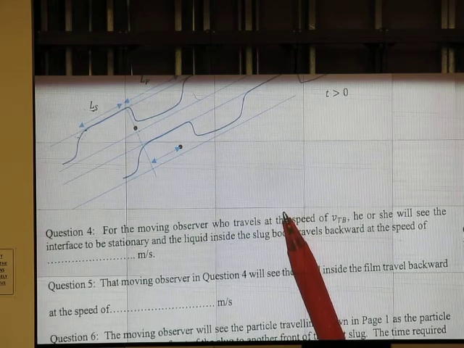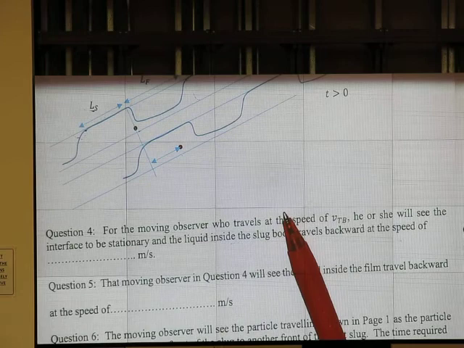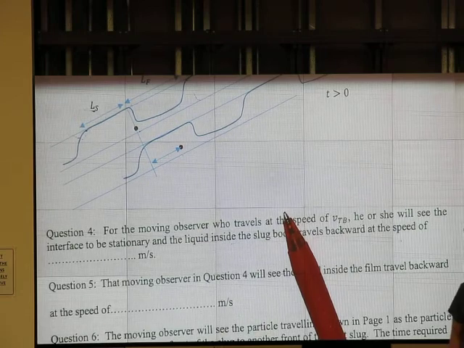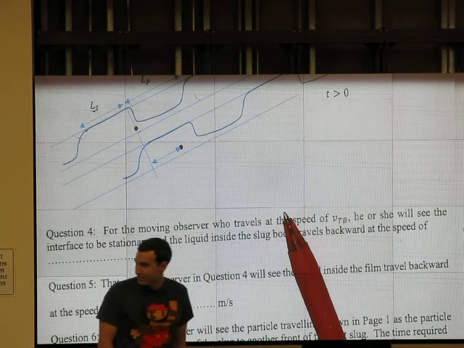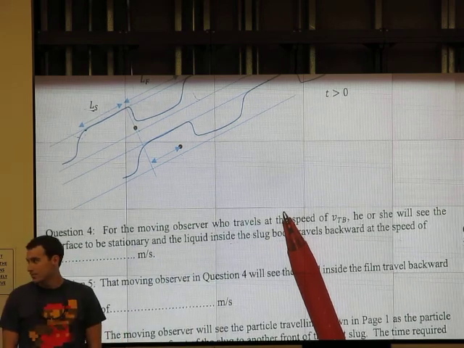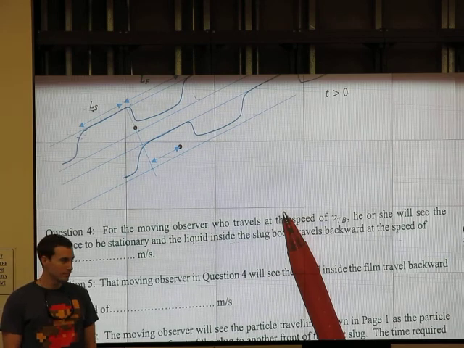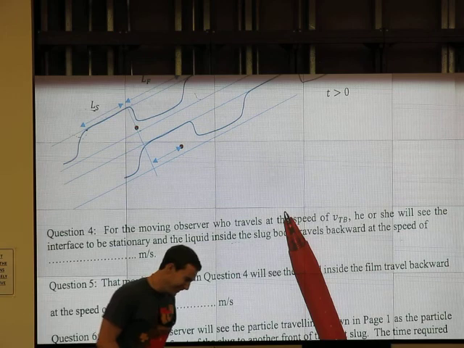The particle inside will move forward at the lower speed, and the front moves forward at a faster speed. Rico, you move a little bit slower. What do you see, Rico? Does it appear as if he is moving backward with respect to you? Two of you go back over there.